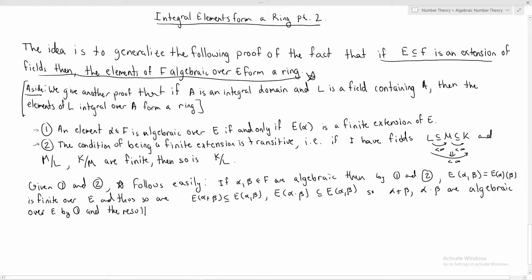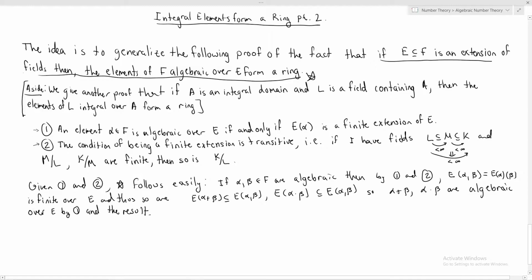Okay. So the sum of two elements of F algebraic over E are algebraic over E, and the product of two elements of F algebraic over E are also algebraic over E. The elements of F algebraic over E form a ring. Okay.